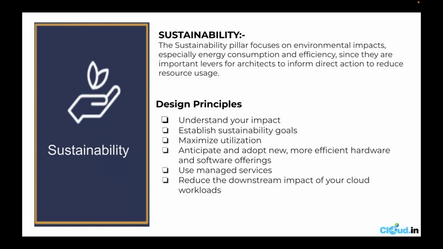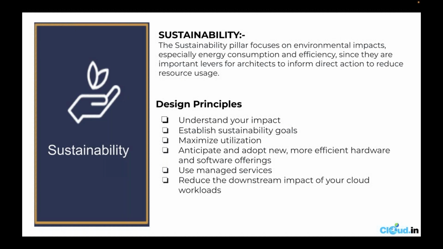As I spoke earlier about carbon offsetting, it involves balancing the carbon emissions produced by your cloud infrastructure. So investing in projects which reduce greenhouse gas emissions can fall under the sustainability pillar, and you can help the environment in one way or another.